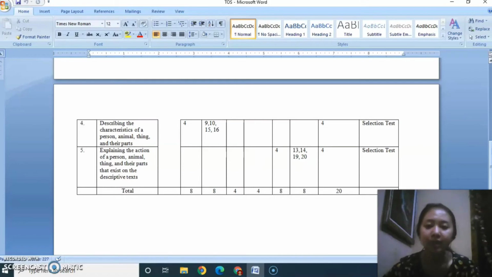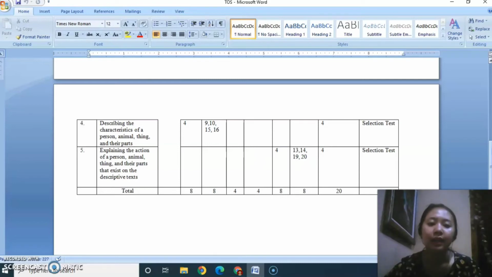And the last is explaining the action of a person, animal, things, and their parts that exist in the descriptive text. The level of cognitive of this objective is difficult because the students are asked to explain the action in the descriptive text.